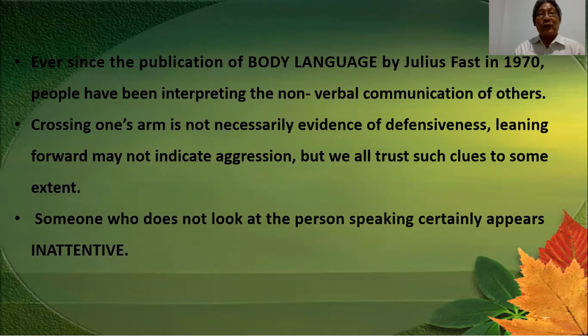For example, crossing one arm is not necessarily evidence of defensiveness. Leaning forward may indicate aggression, but we all trust such clues to some extent. Agreed to some extent, it means.